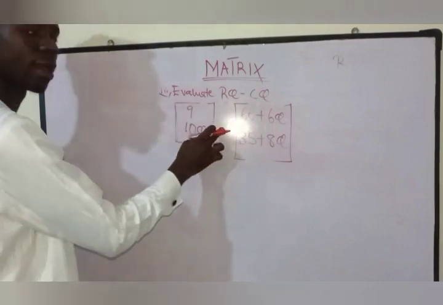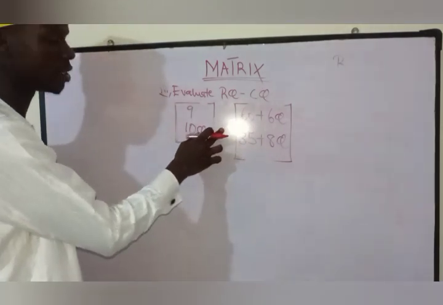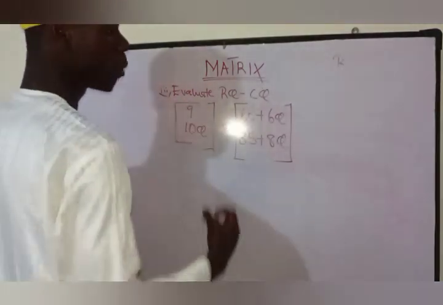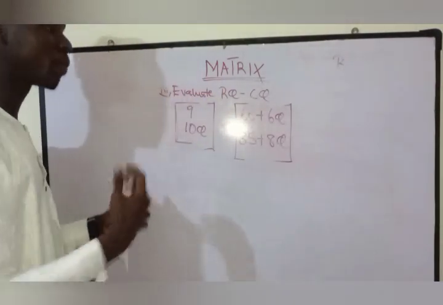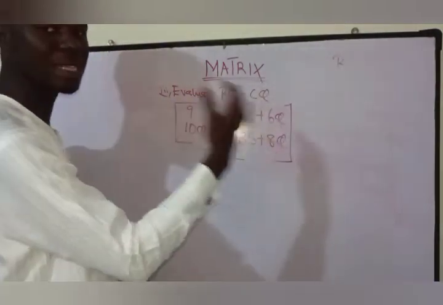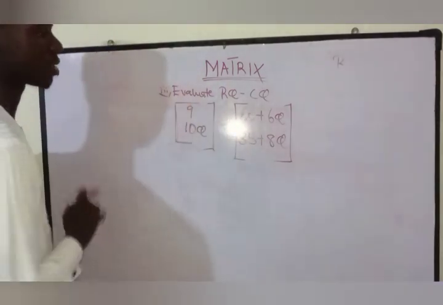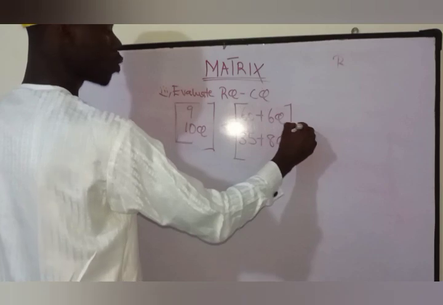This is a multiplication of matrix, and this is subtraction of matrix, not multiplication, so the process will change because we are not multiplying this time around.